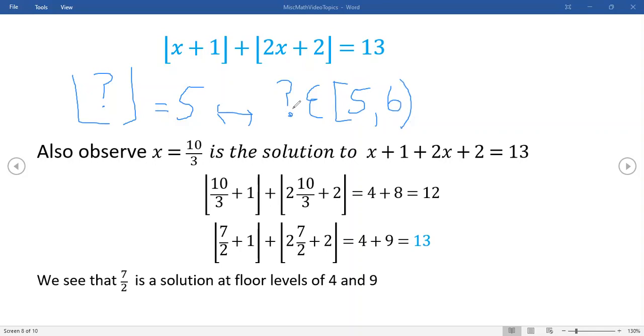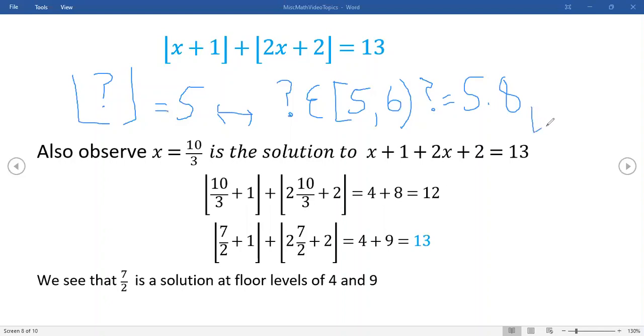Now, again, let's say our question mark was equal to 5.8. Well, that means that 5.8 has to be in that interval, so the floor of 5.8 is 5.